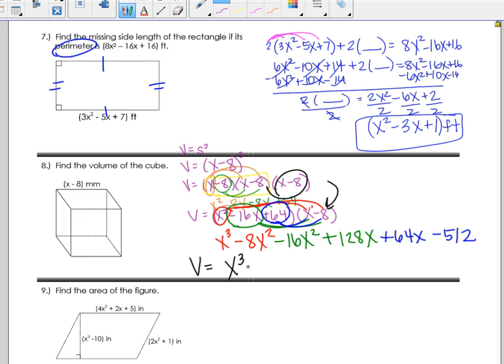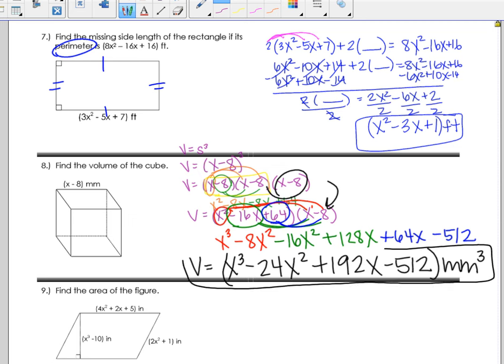Negative 8 minus 16 is negative 24x squared. 128 plus 64 is 192x. And then minus 512. Let's give it some context. It's millimeters, and in this case it's volume, so it's millimeters cubed. That would be your final answer.